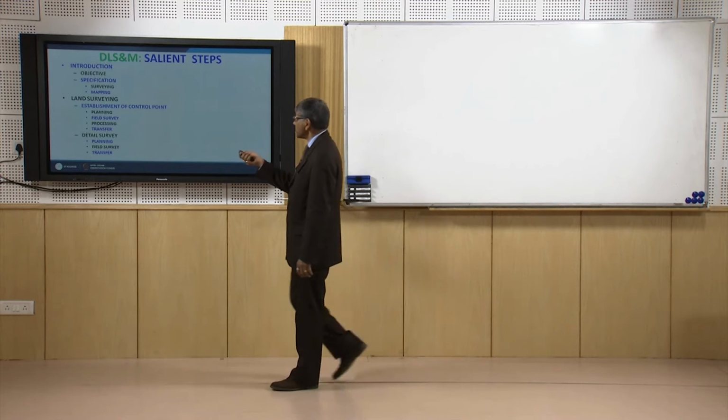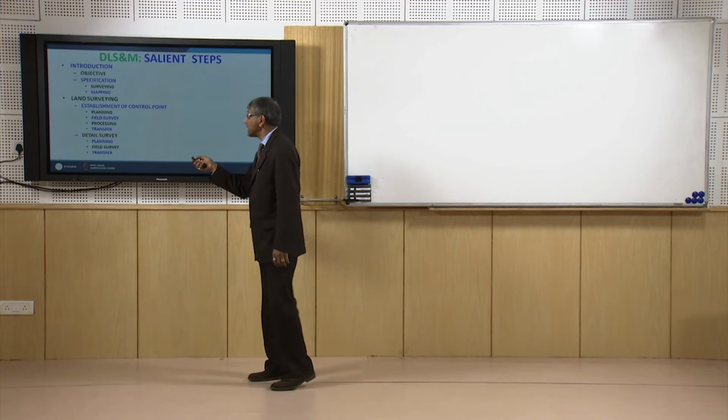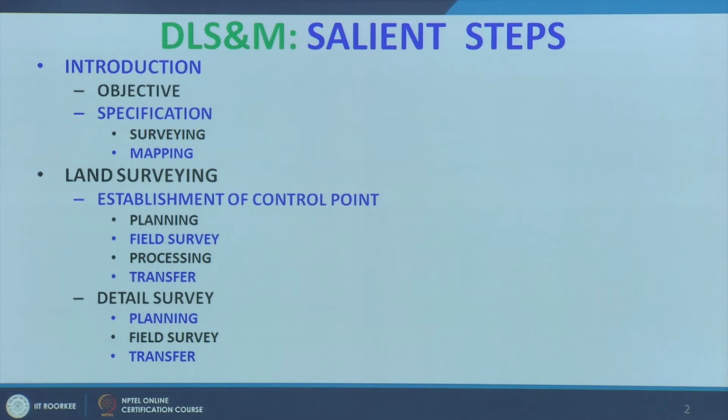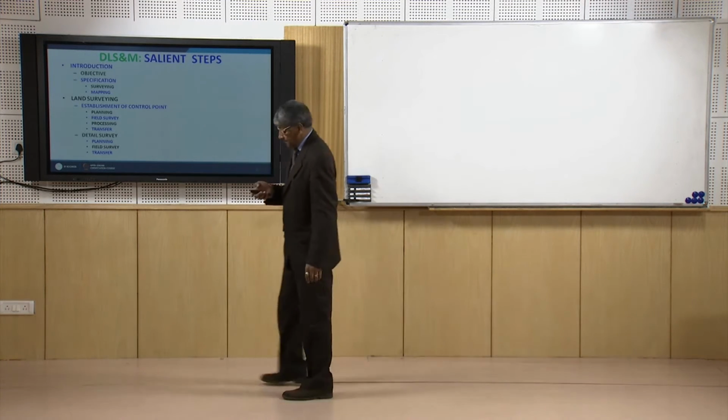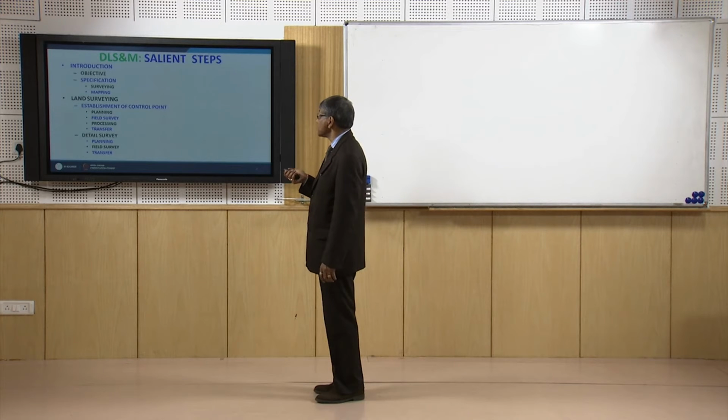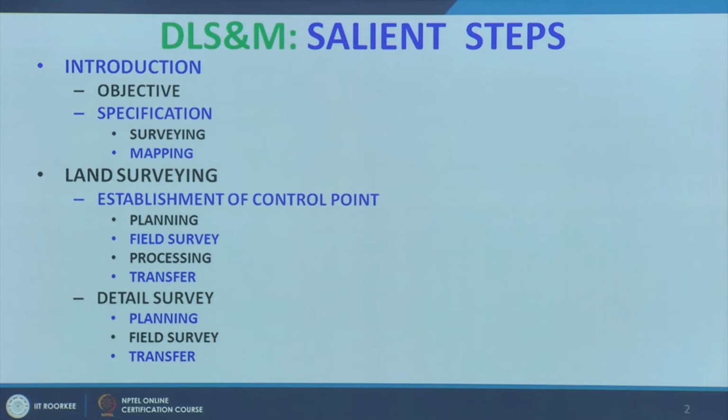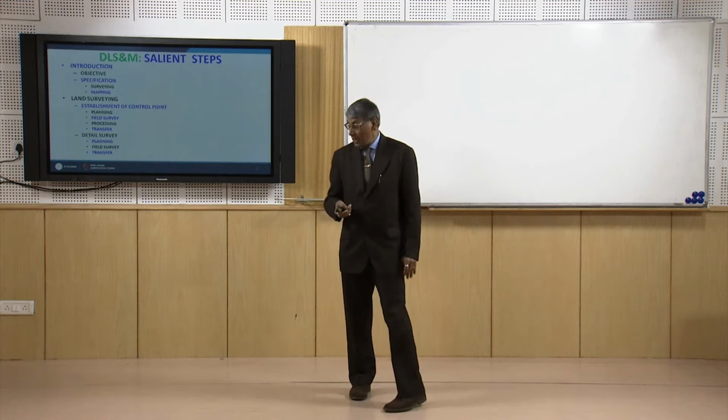So the specification should be decided in the beginning itself, and that specification will depend on the objective of the surveying, the objective of the topographic map. Once the specification has been decided for the surveying as well as mapping, then we should go for actual land surveying.